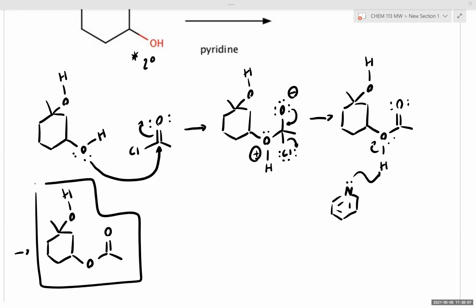Considering the steps drawn out for this mechanism. So looking at the deprotonation step, pyridine is soaking up a proton. For each equivalent of ester we generate one equivalent of H+, right? So then if we want this reaction to go efficiently, would we need stoichiometric or catalytic pyridine?